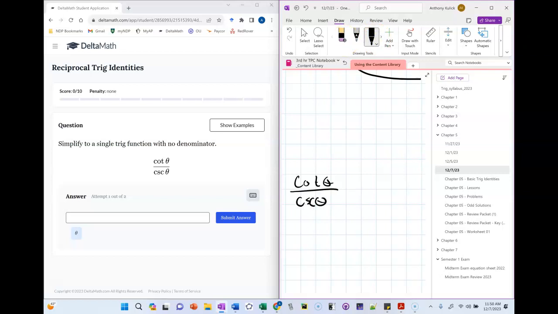Okay, so to do this, where should I be looking? I have identities, right? I have either algebra thing or identity thing to do. This is just a single fraction. There's no reducing that I can do, so I'm looking for identities. So I either want to look for an identity that turns cotangent into a cosecant or a cosecant into a cotangent, because hopefully I can do some reducing here.